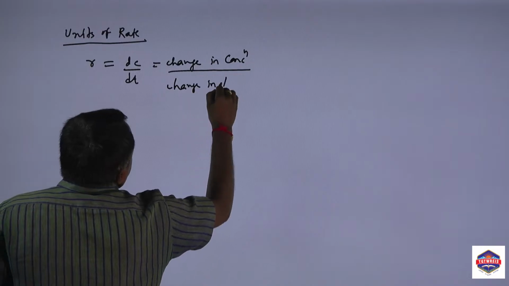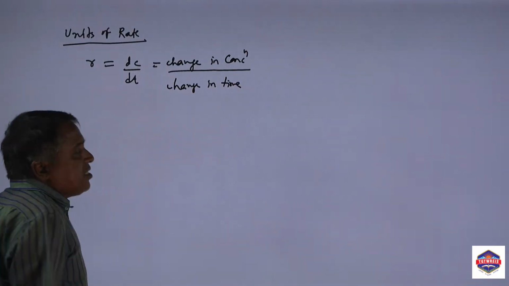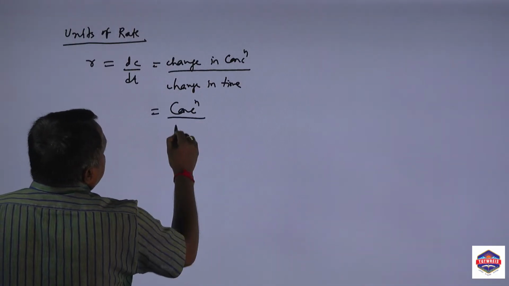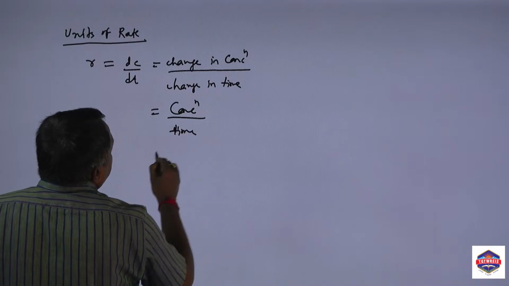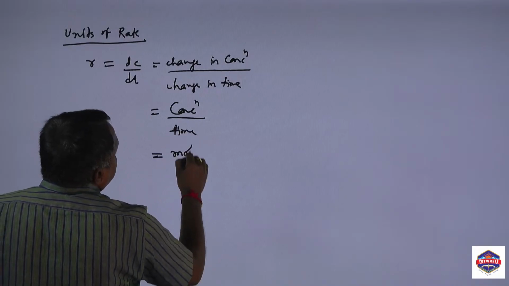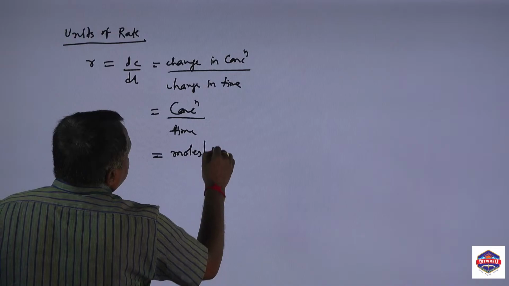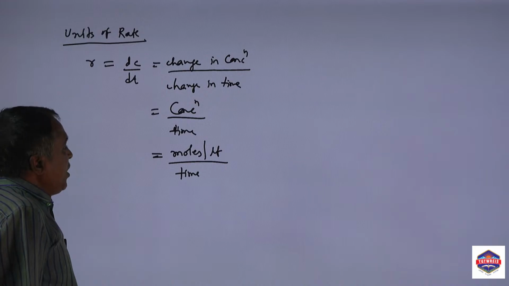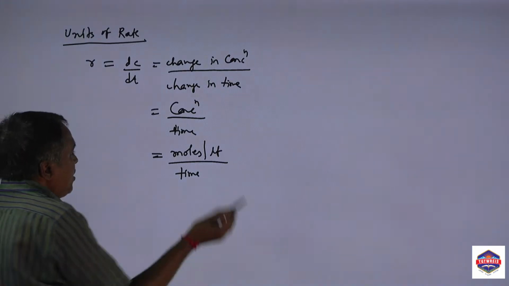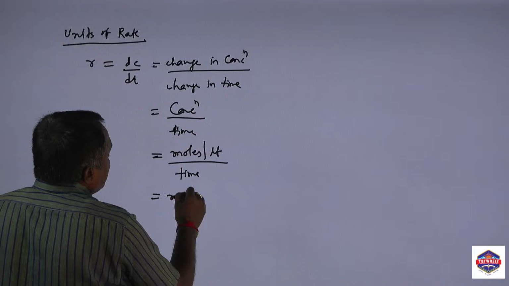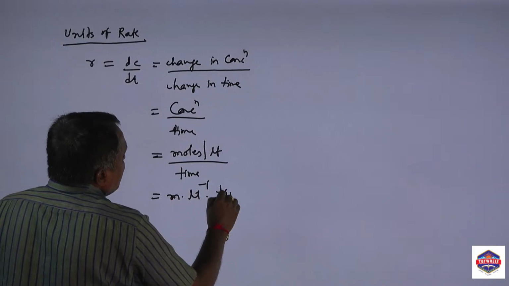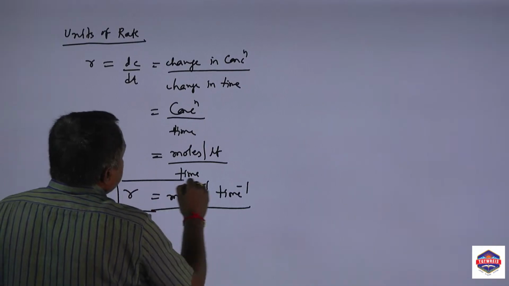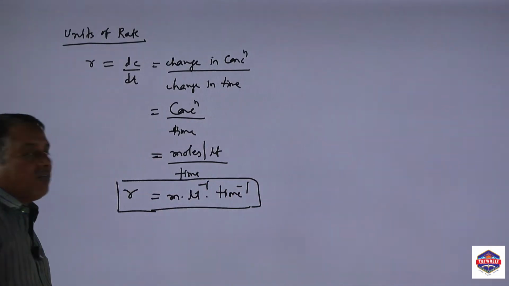We can simply take concentration and time. Concentration units are moles per liter, and time may be minutes, seconds, years, days, whatever it is. Therefore, the units of rate are mole, liter inverse, time inverse.